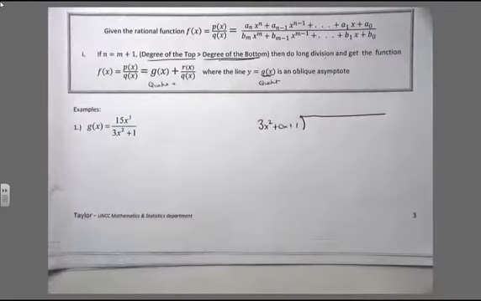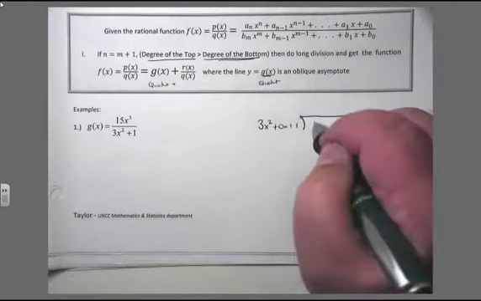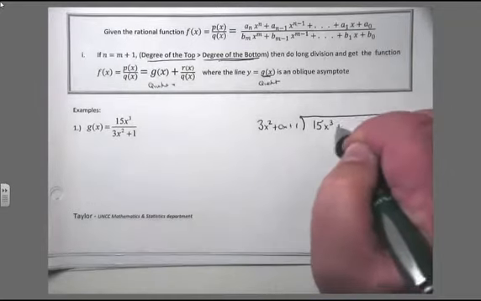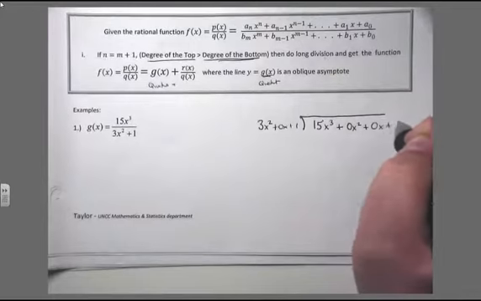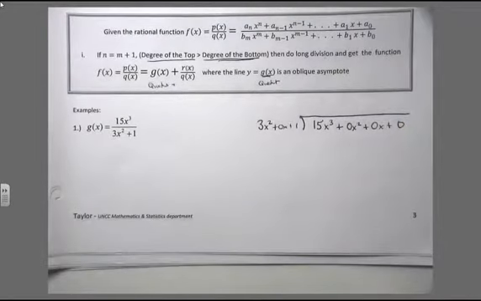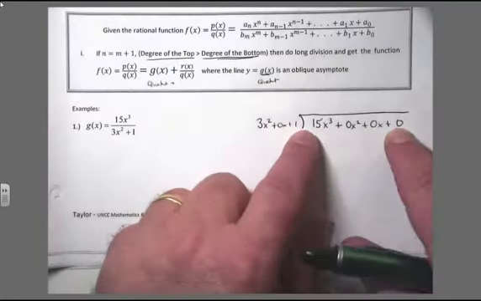Remember, if there's a term missing, put a 0 in for it. What is the dividend? What's the big one? 15x cubed plus 0x squared plus 0x plus 0. Bunch of terms missing. Don't forget to put 0 in for them when you do long division. Every term has to be accounted for.